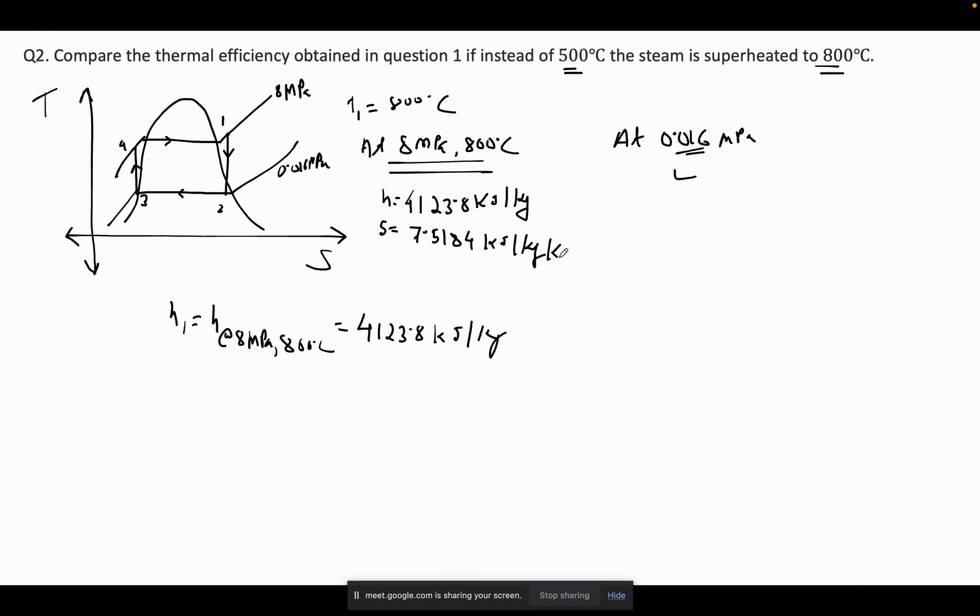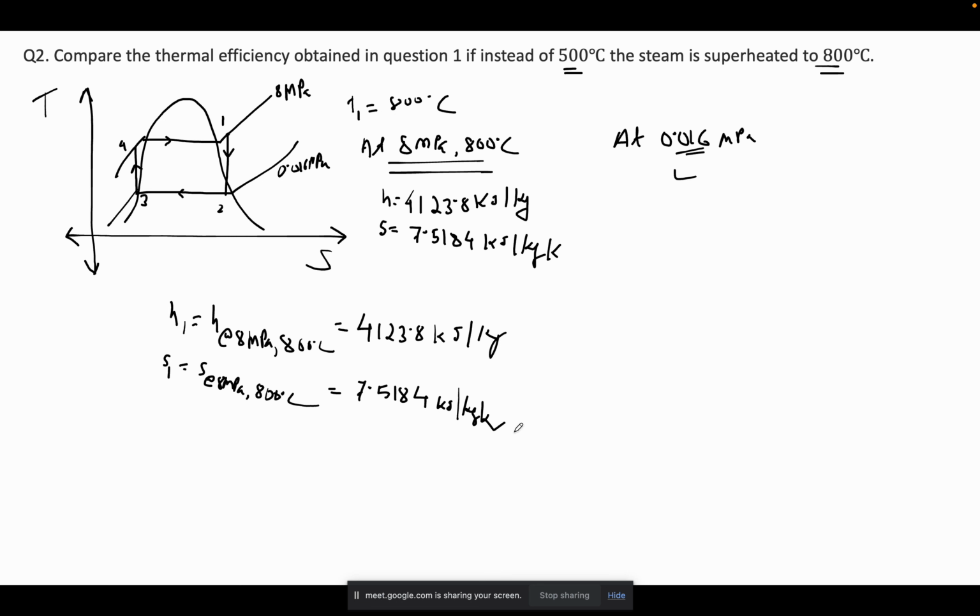And my S1 is S at 8 megapascal and 800 degrees Celsius, which is 7.5184 kilojoule per kg Kelvin.